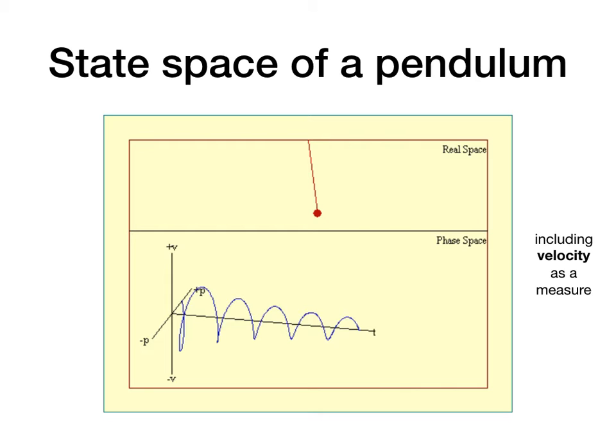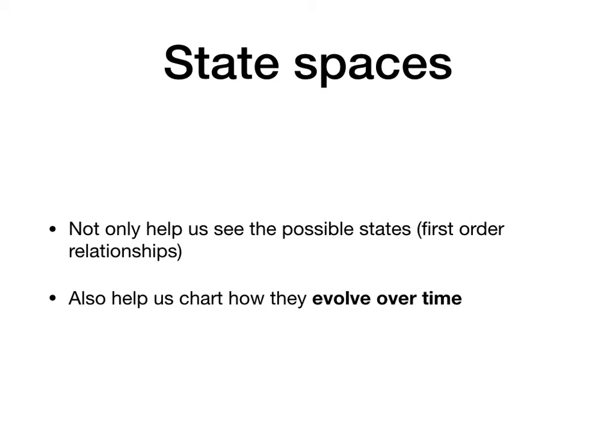We can then perform larger scale mathematical explorations of that data. So state spaces help us see the possible states, but they also let us see how they change over time. Adding that velocity element to the pendulum state space helps us predict: it's moving at this speed, I can predict the velocity, I can predict the position, right?